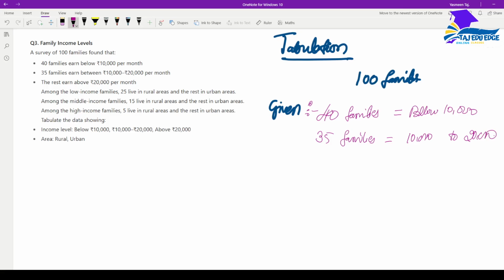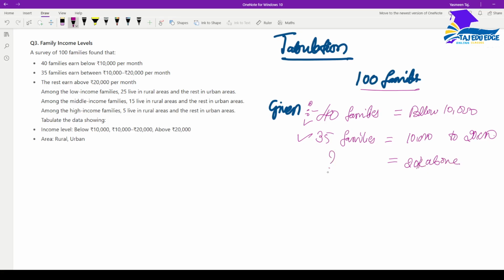We already know there are a total of 100 families. Out of that, 40 families are earning below 10,000, and 35 families are earning between 10,000 to 20,000. The rest are above 20,000, that is, 20k and above.